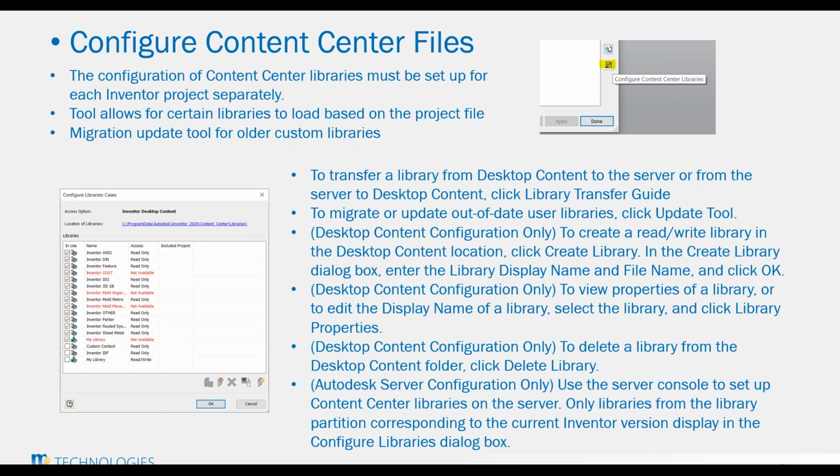And what you see here is Inventor allows for multiple projects to have as much information loaded as you dictate. When you get into creating a project file, it's going to by default have all these content center libraries loading, because it doesn't know that you don't need ISO or you don't need the GIS. It's going to load them all.